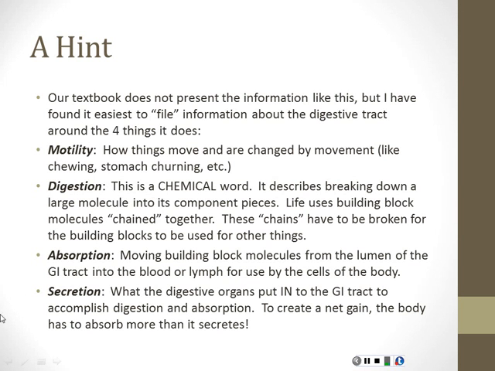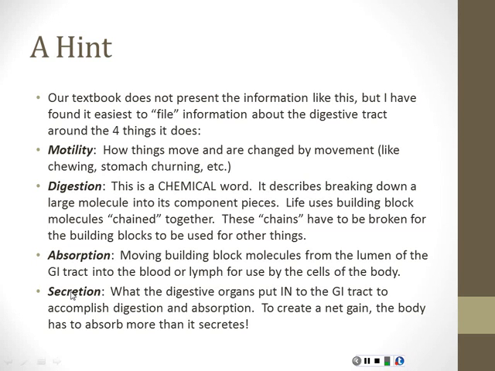All right, so absorption. And then secretion is often required to make digestion and absorption happen. Secretion is what the digestive tract puts into the GI tract in order to accomplish digestion and absorption. So it isn't a one-way ticket.